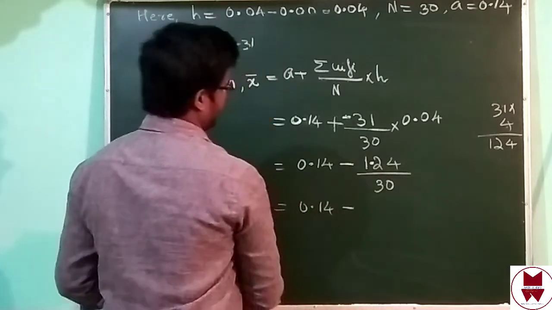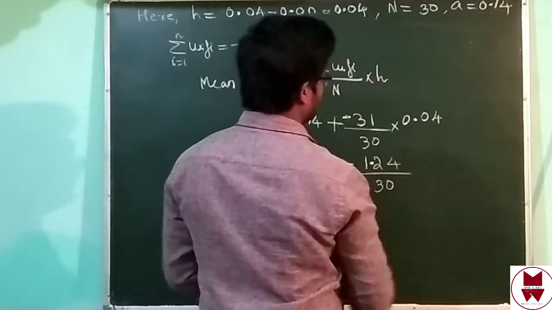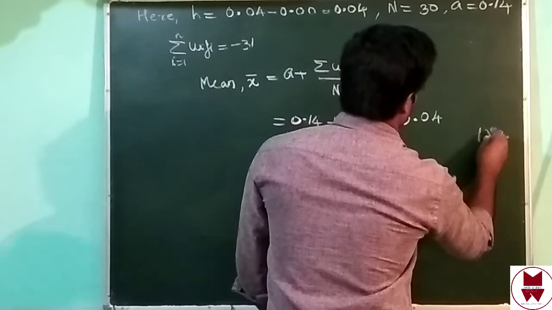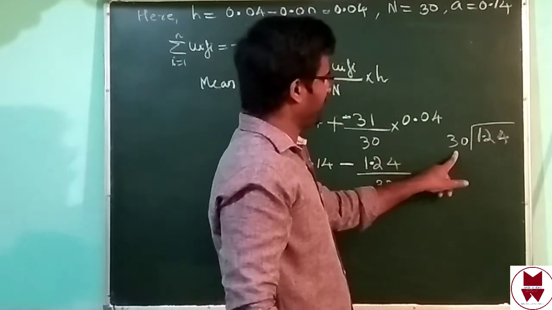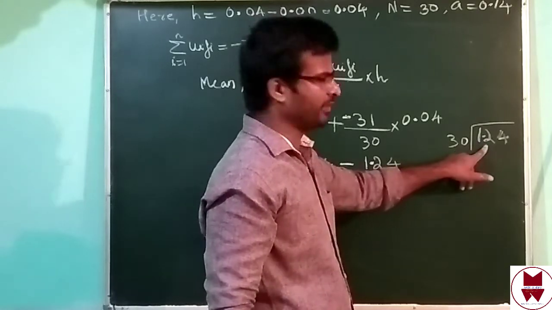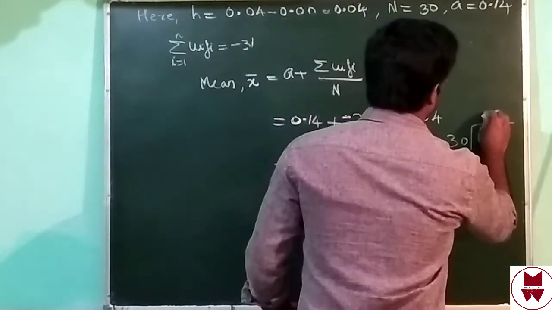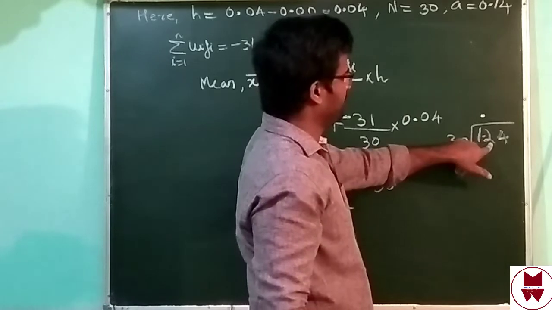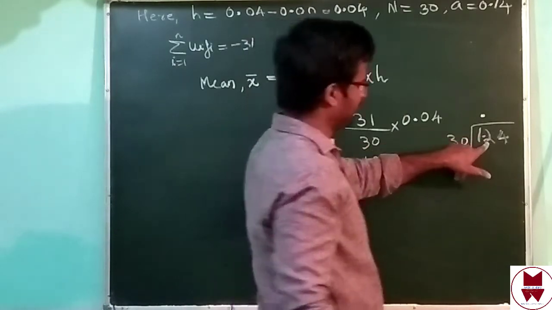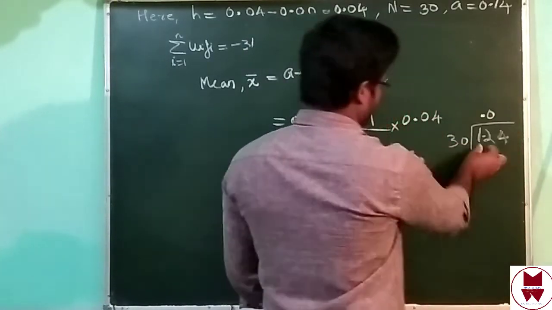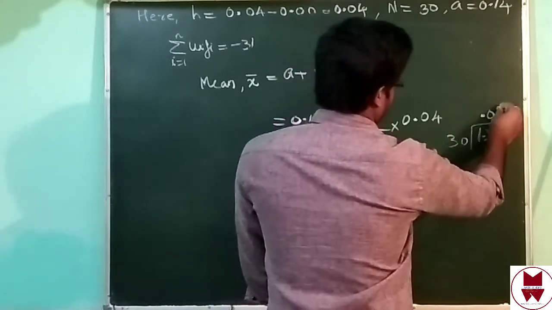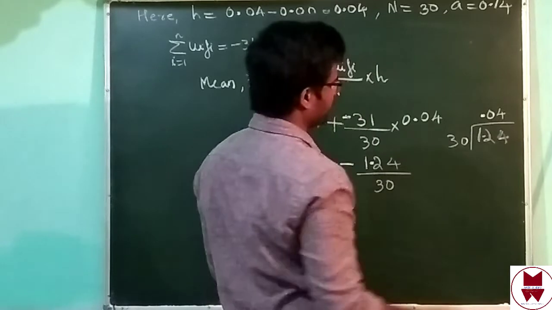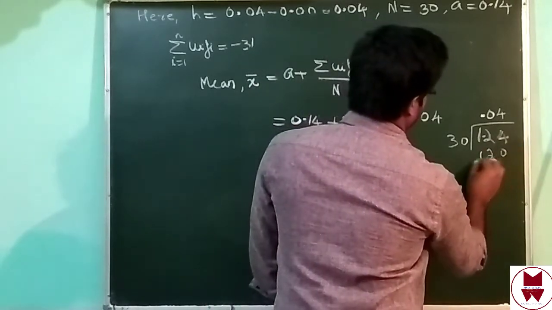0.14 minus 1.24 divided by 30. 1 divided by 30 is not possible, isn't it? Then point, then take 12. In 12 also not possible, that's why add a 0. In 124, 4 times 30 is 120.